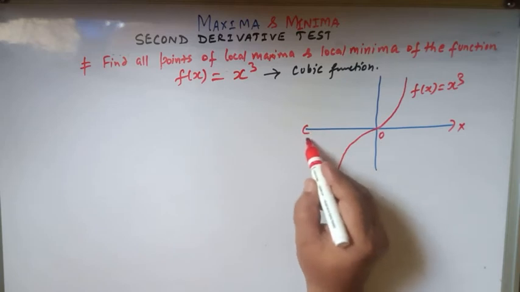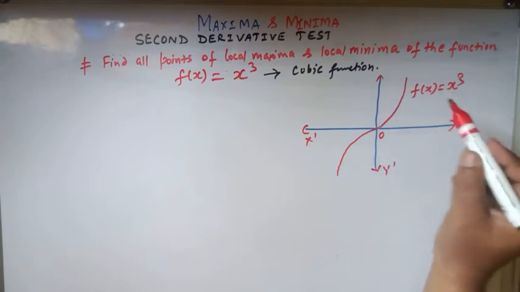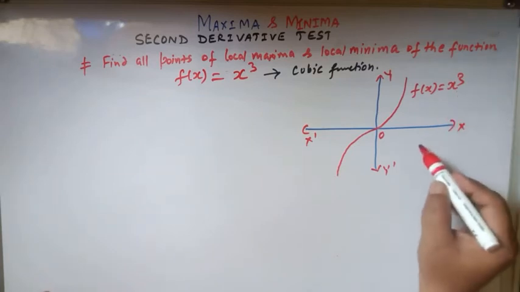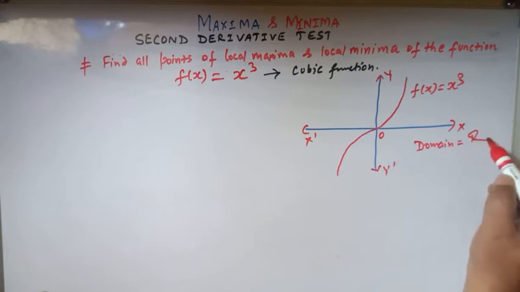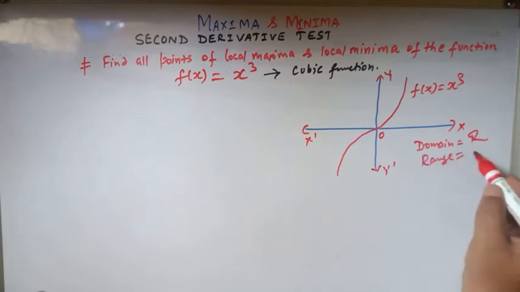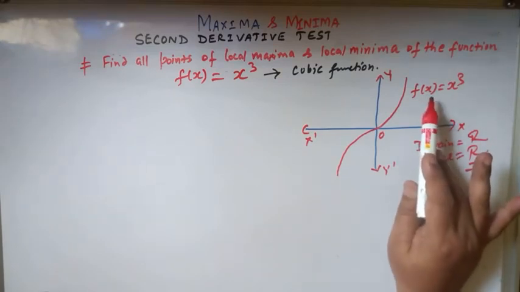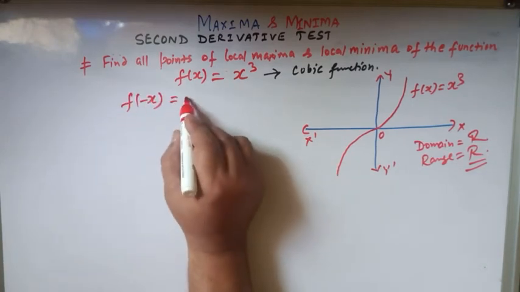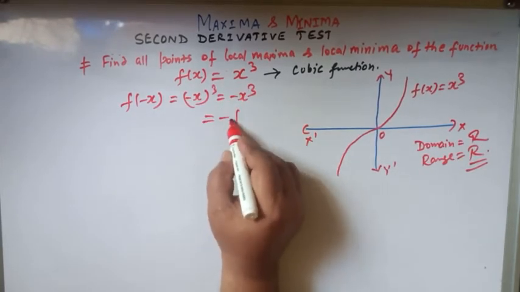In our previous classes, while studying functions, we have already come across this function f(x) equal to x cube, and the domain of this function is the set of all real numbers, and the range is also the set of all real numbers. This function is an odd function because f(-x) is (-x) cube, which is equal to minus x cube, and this is equal to minus of f(x).